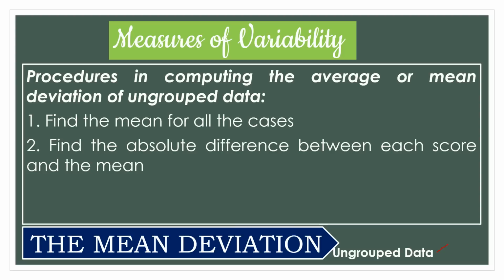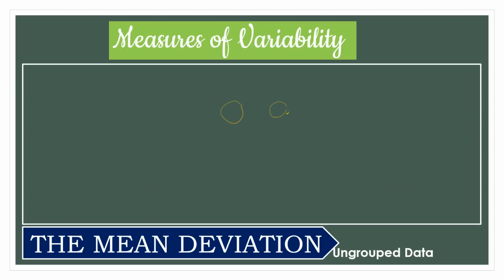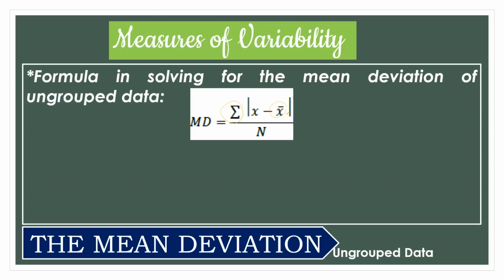For step 1, we first find the mean of all the cases, and then step 2, find the absolute difference between each score and the mean. And then step 3, we find the sum of the differences and divide it by the number of scores or cases. Let's go over those steps as we answer some examples.